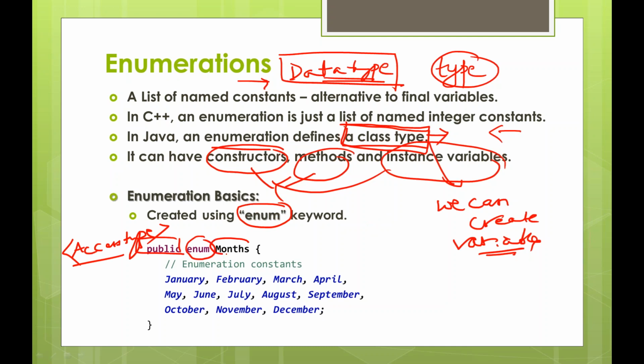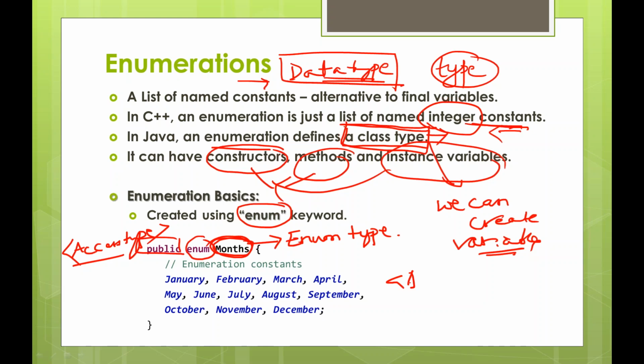And this is the name of your enumeration or enumeration type. In C++, you can have only integer constants, but here you can define anything. This is a user-defined enumeration.